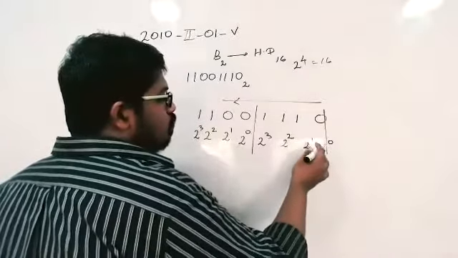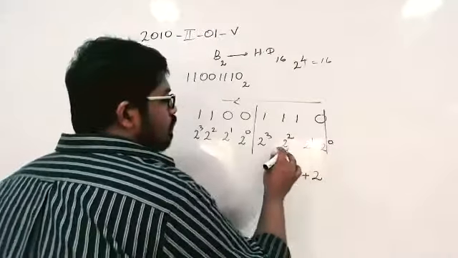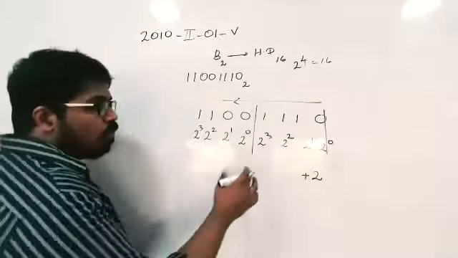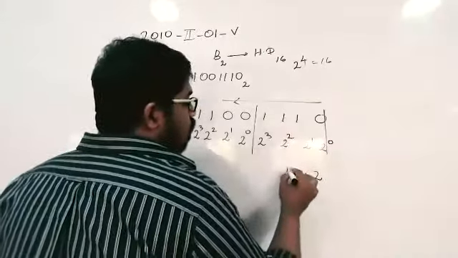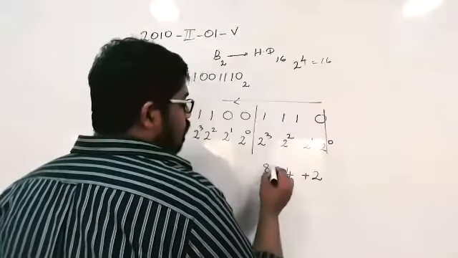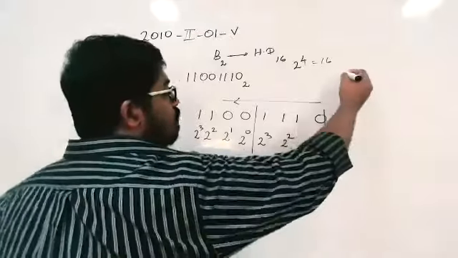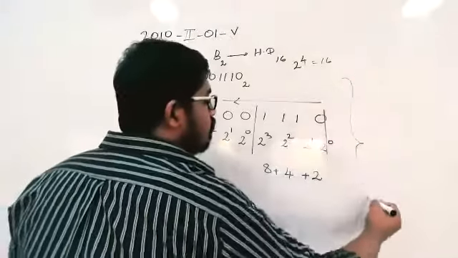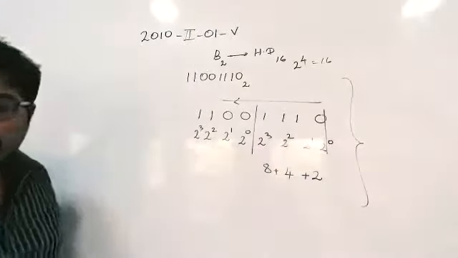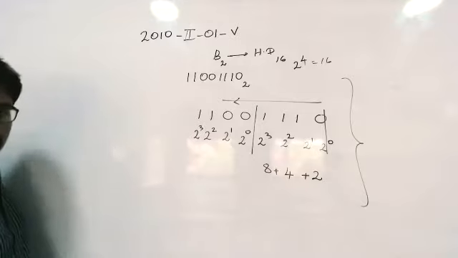2 to the power 1 is 2, 2 into 1, 2, plus 2 to the power 2, which is 4, 4 into 1, 4, 2 to the power 3 is 8, 8 into 1, 8. This is a part 2 question, so it is compulsory to write these things. The steps also will have the marks, right? So make sure to write these steps.